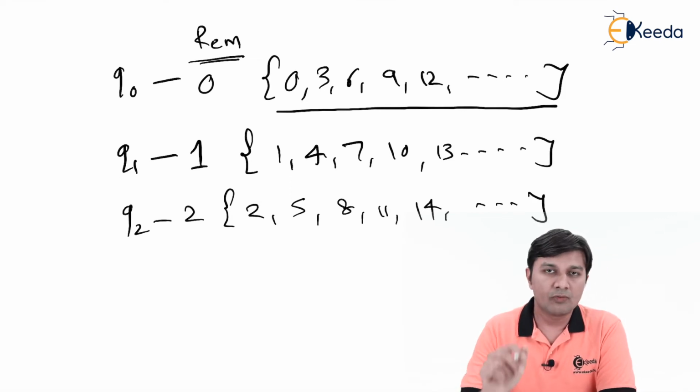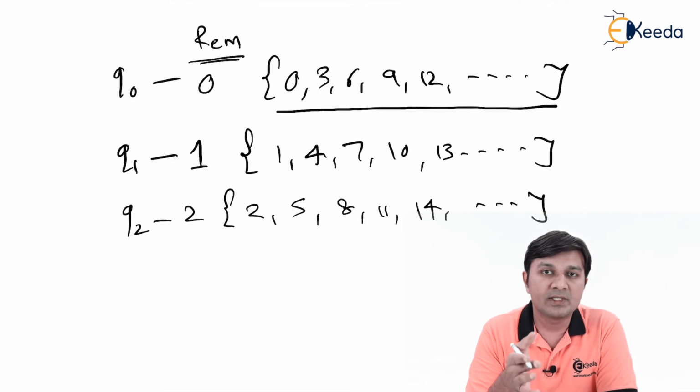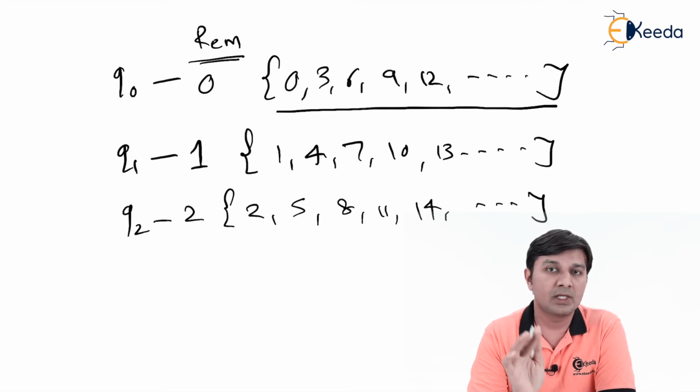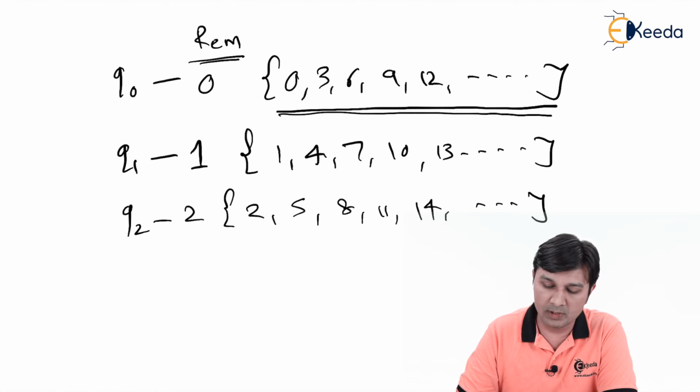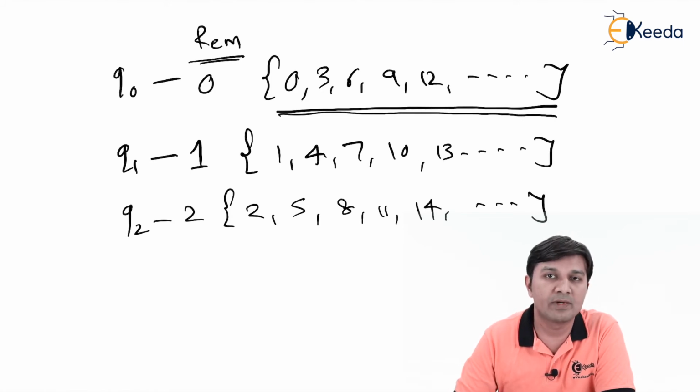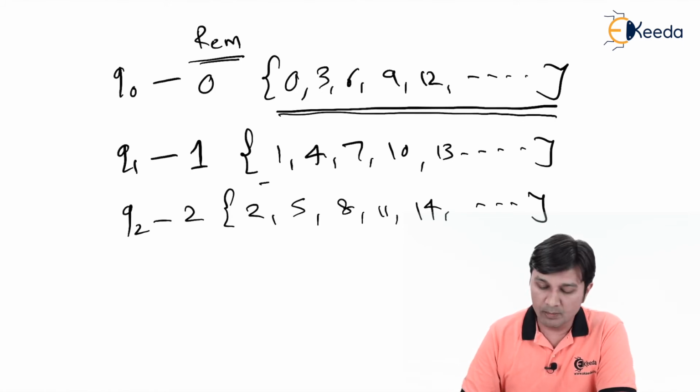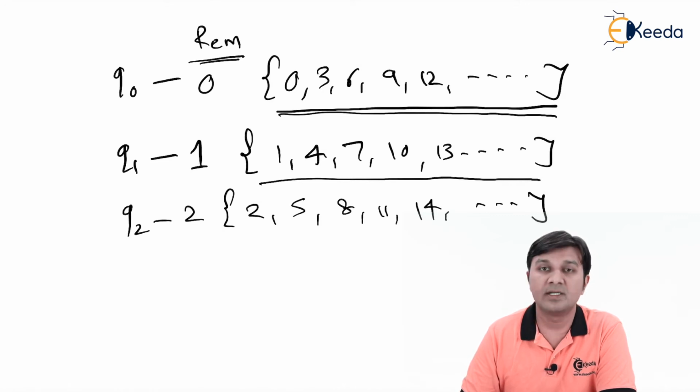So from now when I say I am talking of a state Q0, you should understand that Q0 is such a state which is going to hold remainder 0 numbers. That is, the numbers 0, 3, 6, 9, all such kind of numbers will be in Q0. The numbers like 1, 4, 7, 10, 13 will belong to state Q1.